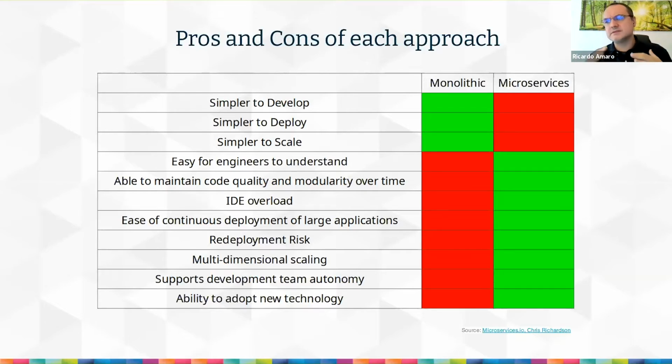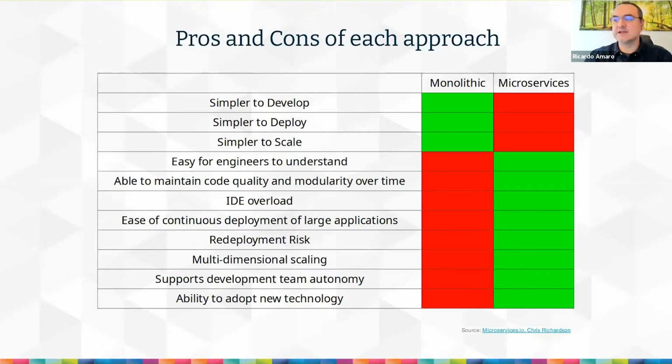They are neither simple to deploy because of the operational complexity of deploying and managing many services, and also not simple to scale because instead of just scaling n monolithic applications, you would be scaling n versus n service instances.